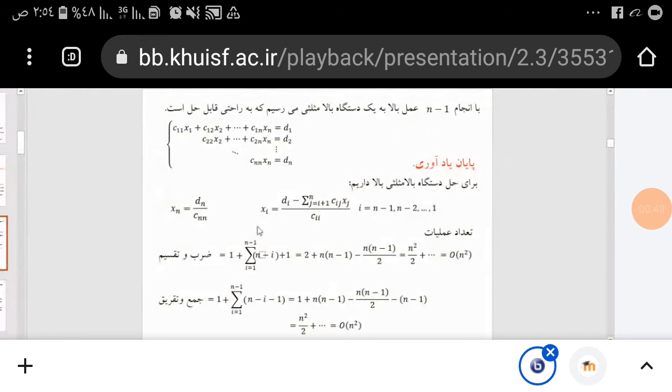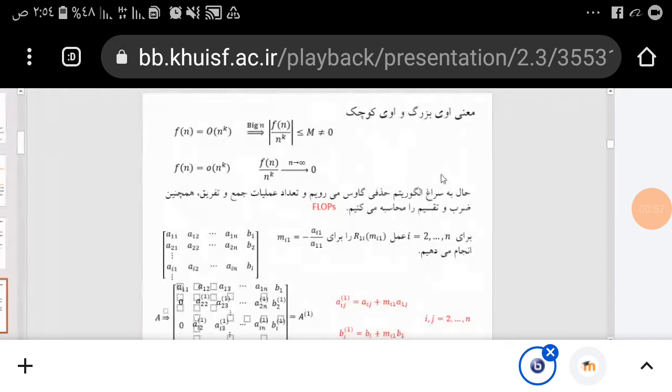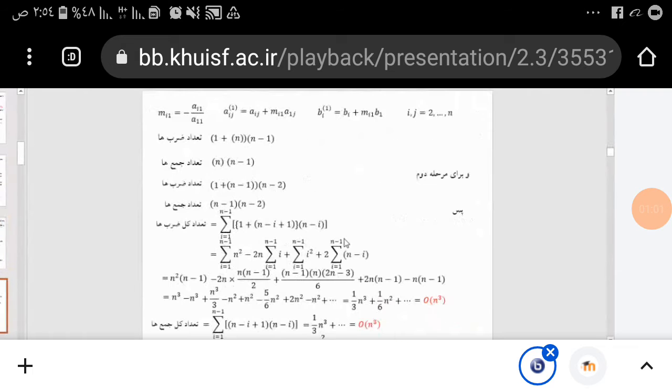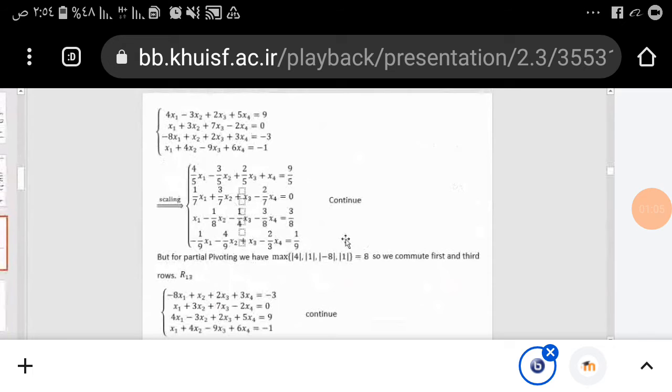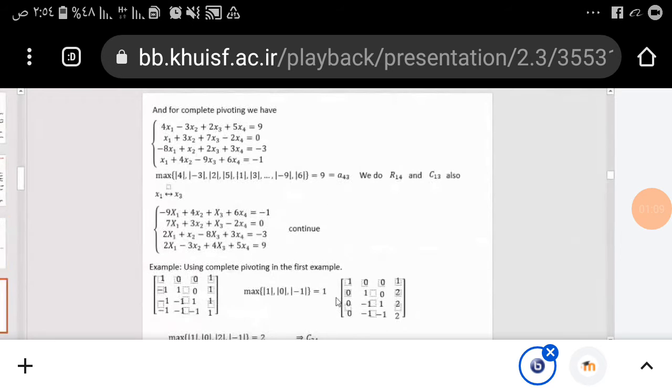We talked about how many operations we have in Gauss elimination and solving triangular systems.